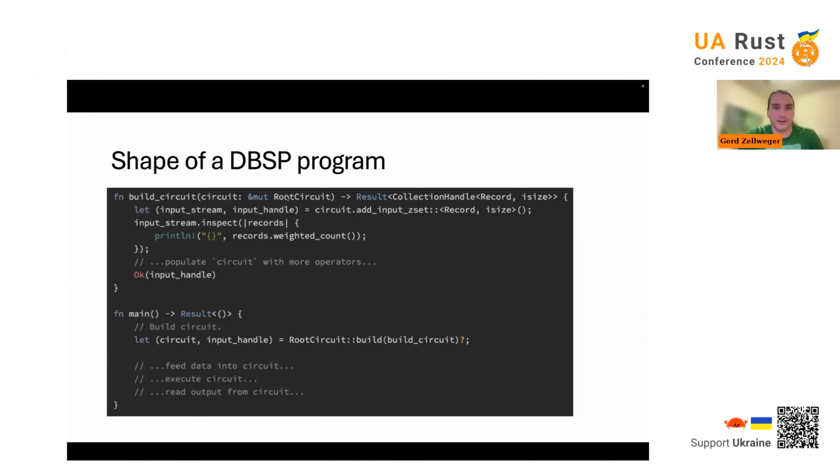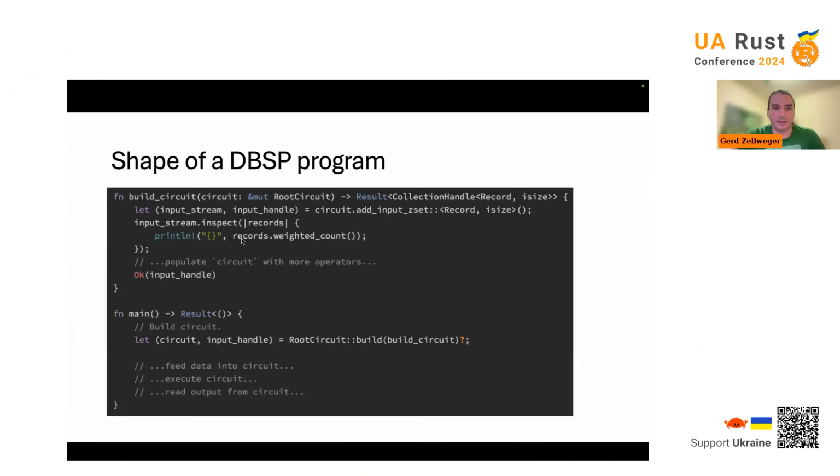Then we define an input stream in that closure, and that input takes just records. The first thing we do in this closure is inspect the records that we send to it by printing them out. That would be the basic shape of a circuit.